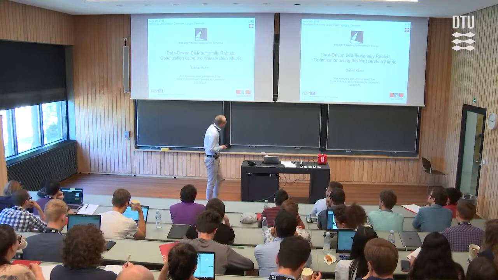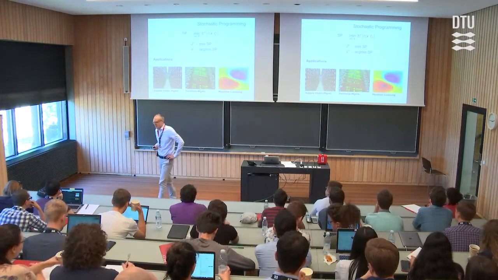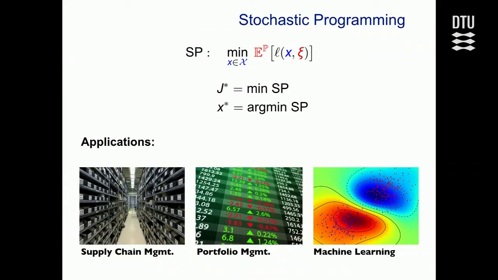Okay. So what I would like to discuss today is stochastic programming problems of a very simple kind. So these are one-stage stochastic programs. You pick today a decision x in some feasible set script X, and the goal is to minimize some expected cost. So we have a cost function or loss function L that depends on your decision, and it also depends on a vector of uncertain problem parameters xi.